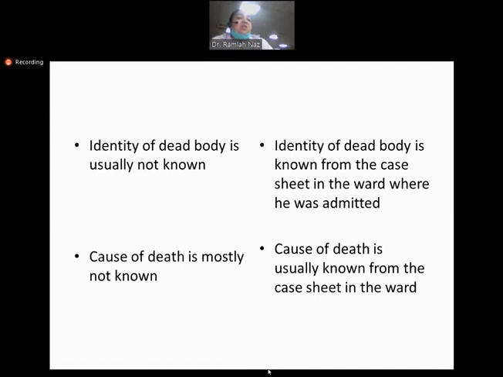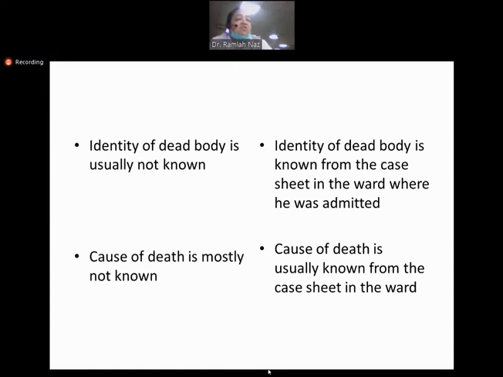The identity of the dead body is usually not known sometimes, but whenever the body is brought to you by the police persons, they will establish the identity, or sometimes the relatives accompanying them will give you the identity, or sometimes you get unknown bodies.